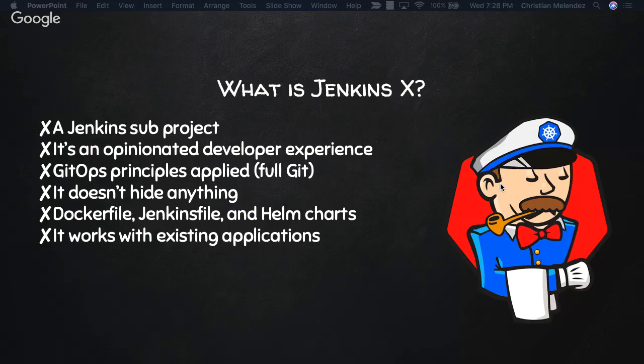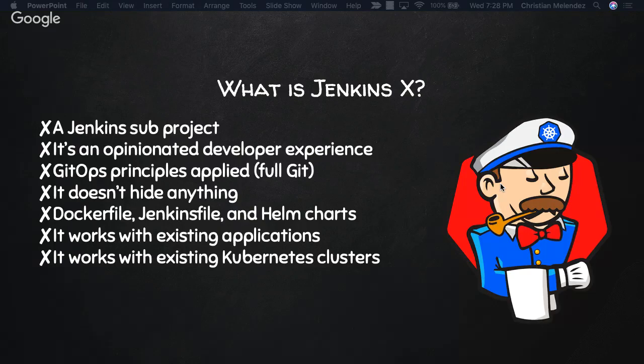It works with existing applications, and also with existing Kubernetes clusters. You just have to install Jenkins X in a Kubernetes cluster, and then import your application into Jenkins X, so that in case you don't have a Docker file, Jenkins X will create one. We're going to take a look at the architecture of Jenkins X, so you can see what tools it is using.